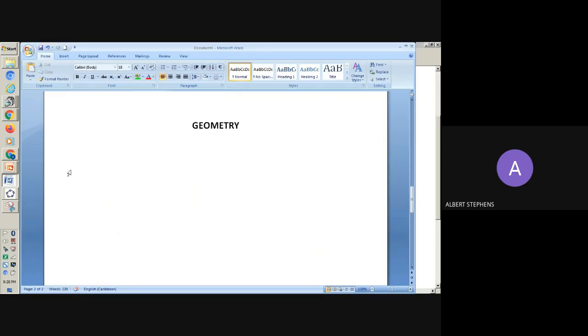So for diagram 1, class, the reason is angles at the center of a circle is twice the angle standing on the same arc. You have to remember that here.